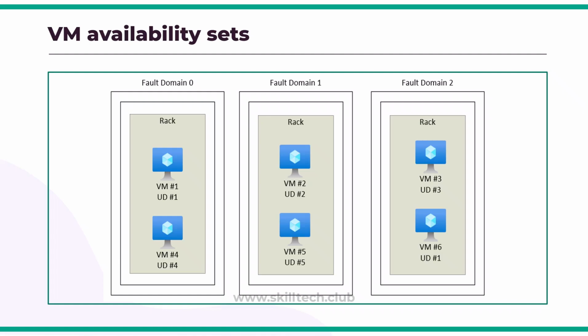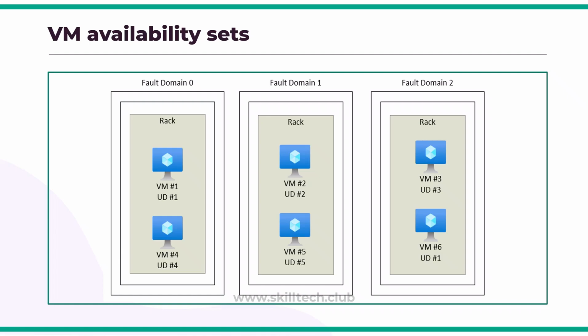While configuring high availability in the virtual machine availability sets, we can choose how many fault domains we want to use. If you use 3 fault domains, your virtual machines will be distributed across 3 different fault domains within the same data center. And if you choose 2 fault domains, then in the same way it's going to use only 2. Whenever some fault happens, Microsoft makes sure that one of the fault domains will be impacted, but not all 3.